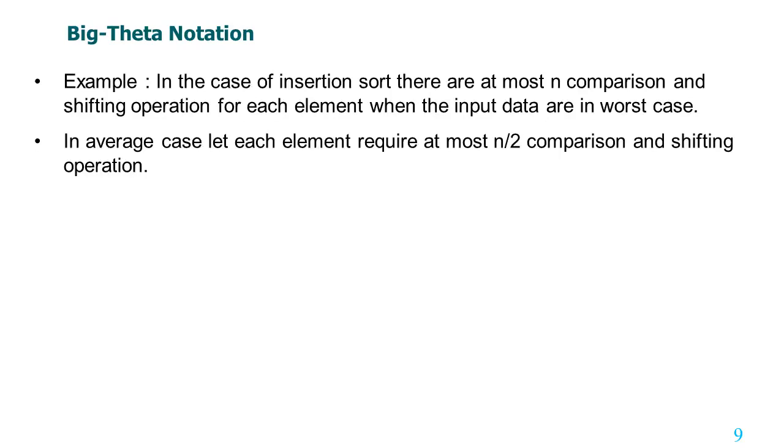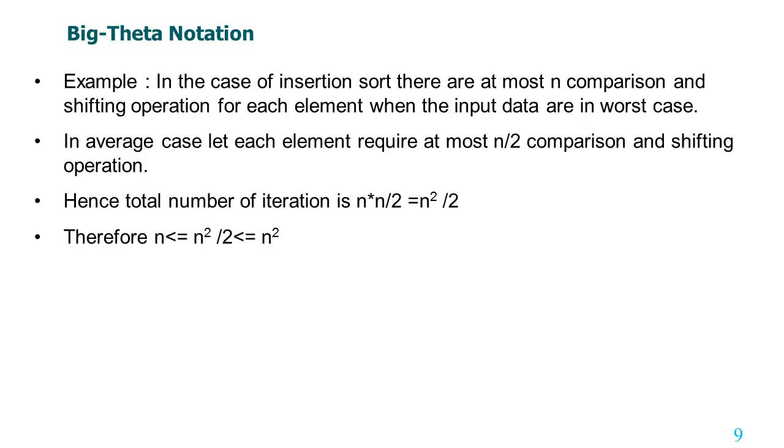So we take the average case, that is n/2. That means each element requires n/2 comparison and shifting operations. If there are n elements, then each element requires n/2 comparisons. Hence a total of n squared by 2 operations or iterations is needed.